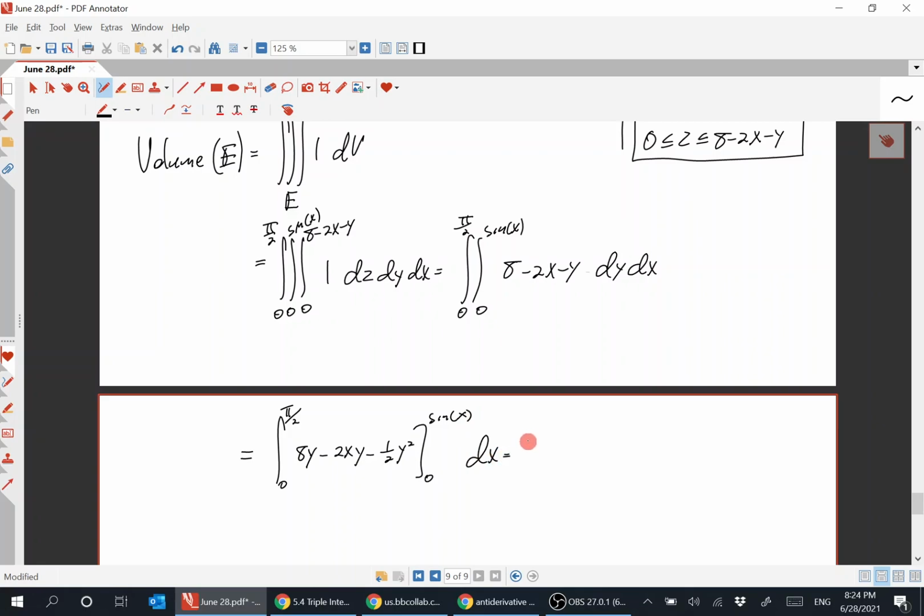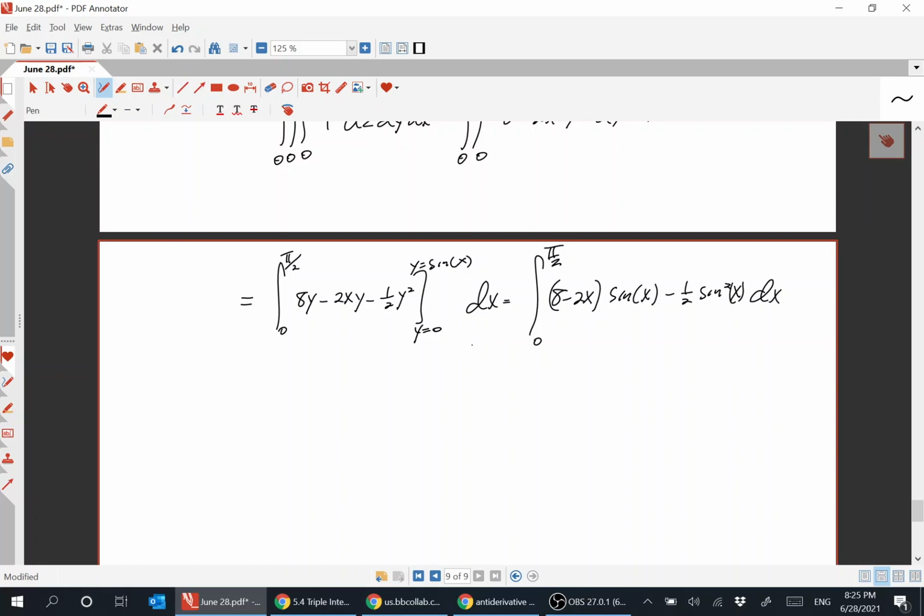So this becomes the integral from 0 to pi over 2, with y equals 0 to y equals sine x. So it's 8 minus 2x times sine x minus 1/2 sine squared x dx.